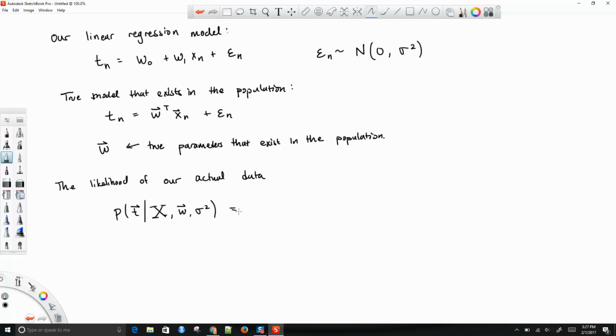Okay, and this in and of itself is going to be the product of all of these normal distributions centered at W transpose X with variance sigma squared.